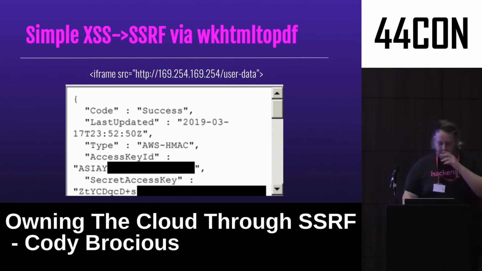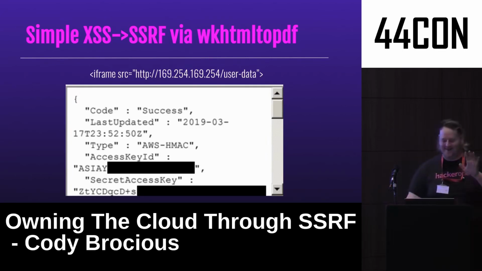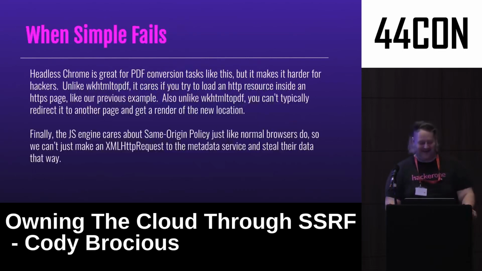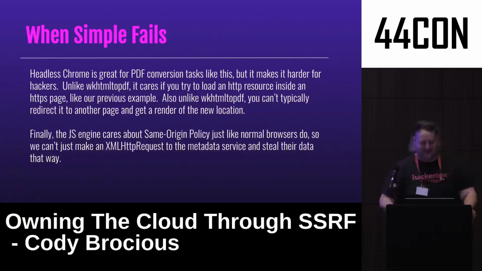So that's the trivial case, and that's what you always hope for. You hope that it's just going to be that one and done, put in the iframe, it loads, perfect. Unfortunately, that's not how that tends to go, or fortunately, because I like the challenge.